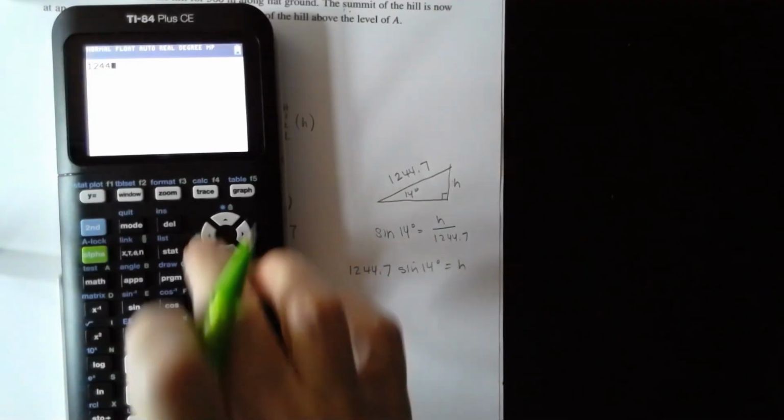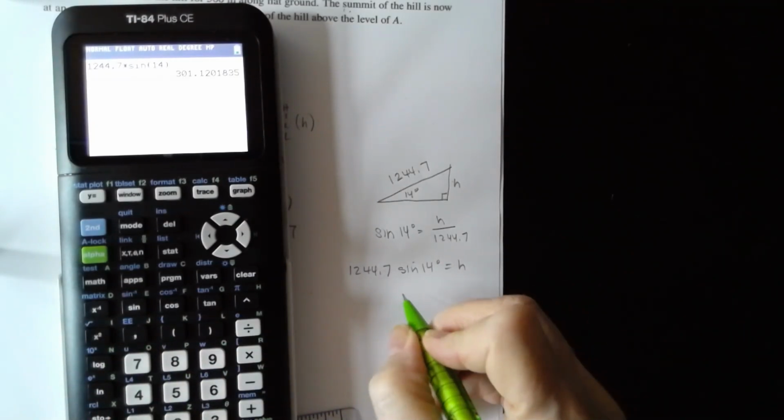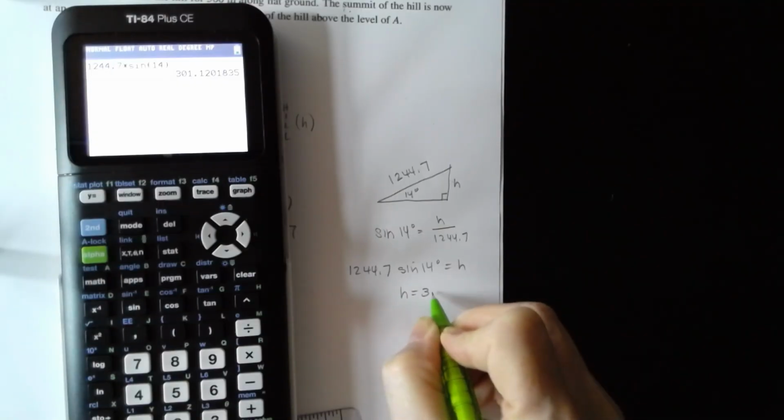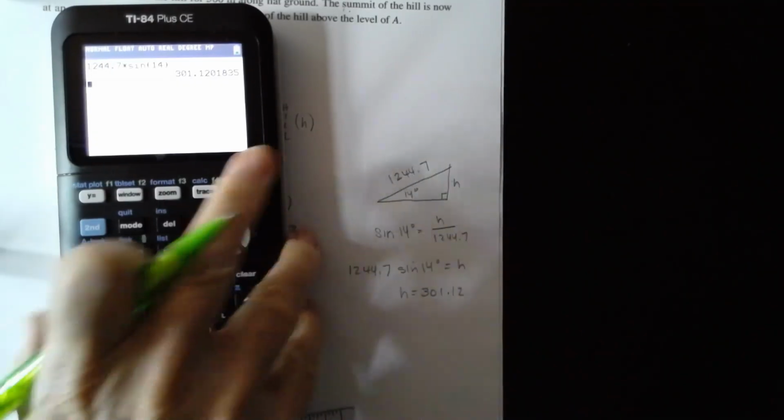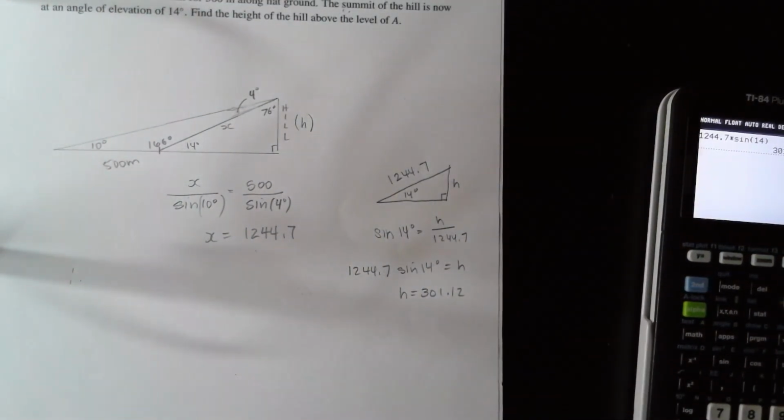H equals 301.12. So that's an easy one. I'd say therefore the height of the hill is that. That's it.